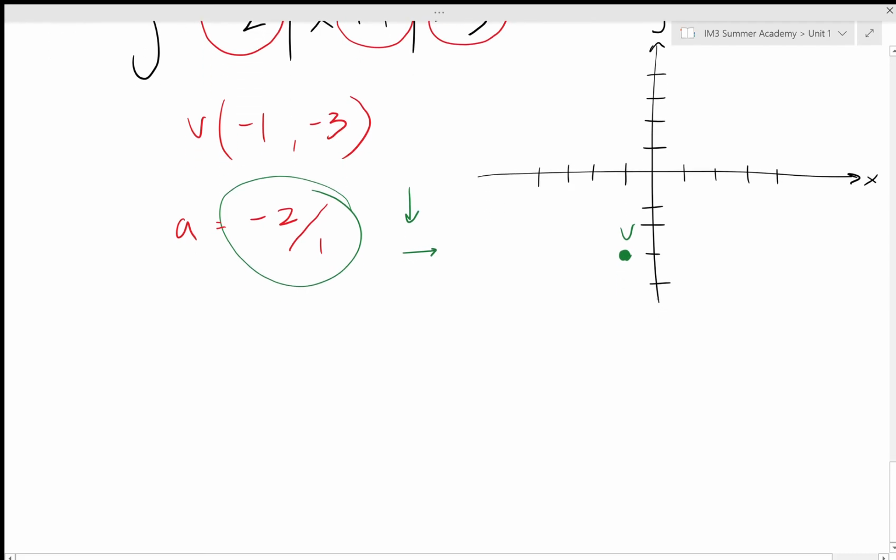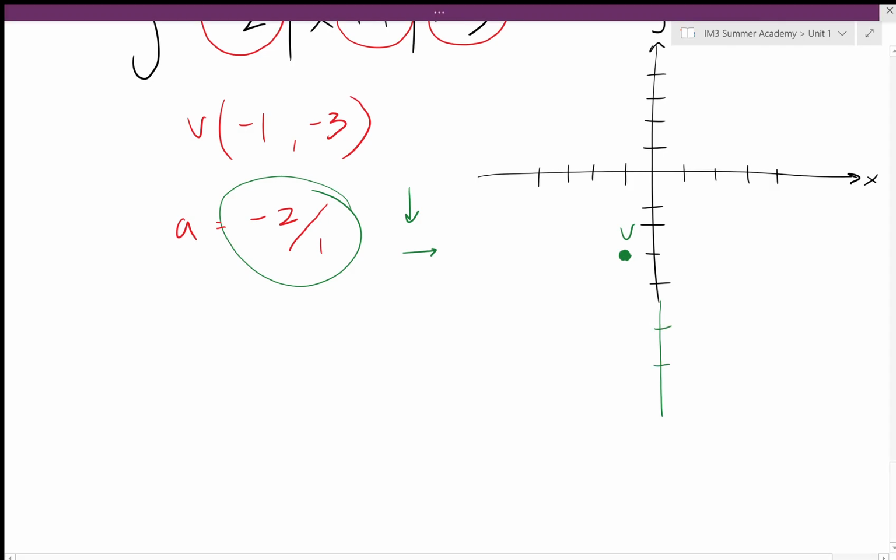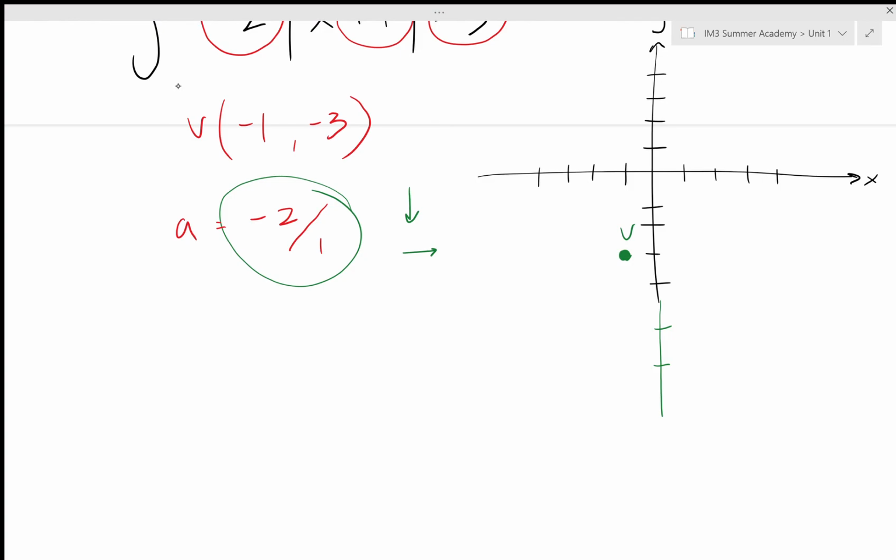So I can draw some more lines down here so I can get a better graph. So down 2 over 1, down 2 over 1. I can also go to the left. Remember, down 2, left 1, down 2, left 1.